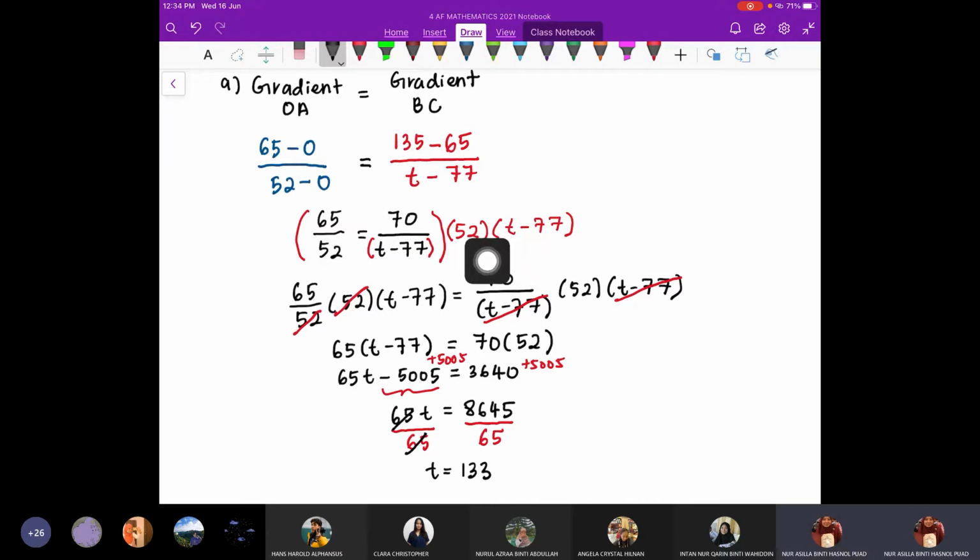So bila saya darab masuk, setiap term, ni kan term pertama, term kedua saya. Term pertama, 65 over 52 adalah term pertama. Darab dengan ni, 70 over t minus 77 term yang kedua saya. Darabkan juga dengan benda yang kat luar ni. Kenapa saya nak darab benda tu? Because saya nak eliminate denominator. So that dia simplify. Jawab ke tu? Okay, Miss. Thank you.